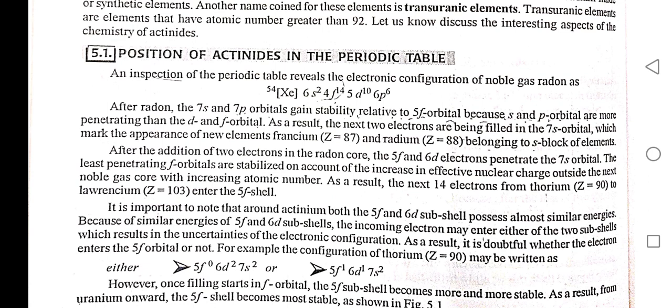energies. Because of the similar energy of the 5f and 6d subshells, the incoming electron may enter either of the two subshells, which results in uncertainty of the electron configuration. As a result, it is doubtful whether the electron enters the 5f orbital or not. For example, the configuration of thorium, atomic number 90, may be written as either 5f0 6d2 7s2 or 5f1 6d1 7s2.